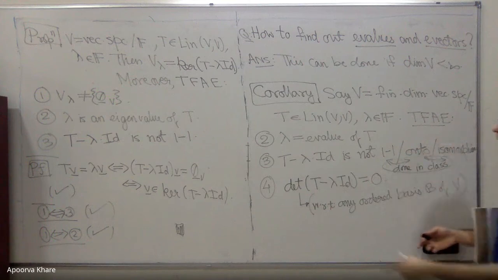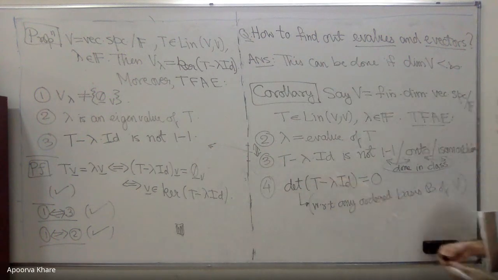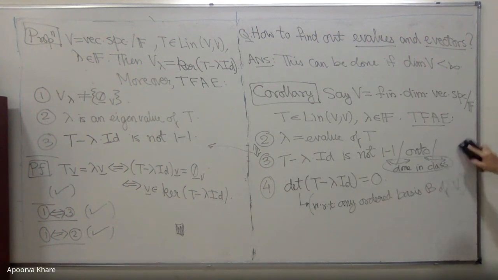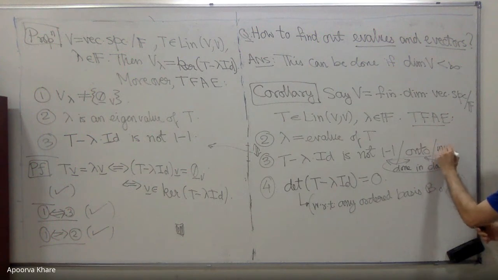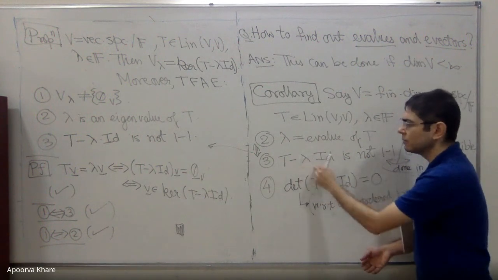These three are equivalent. The 2 and 3 equivalence is already here. Now that's the inverse part, right? Isomorphism or invertible. I can also write down invertible here. This is a linear transformation. Fix any ordered basis, and this is a matrix.